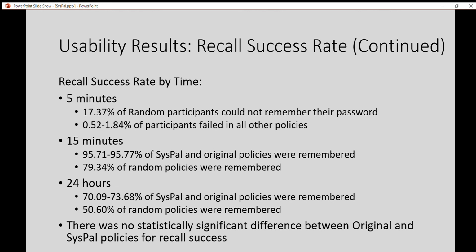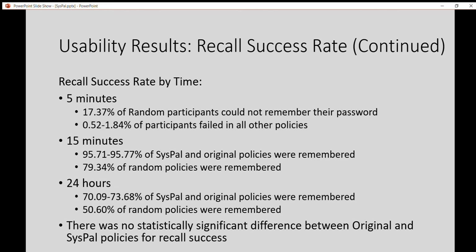For 15 minutes, 95% or more of participants were able to remember passcodes for any of the SysPal 1, 2, or 3-point systems or the original policy, whereas about 80% of participants for the random policy were able to remember their passcodes.